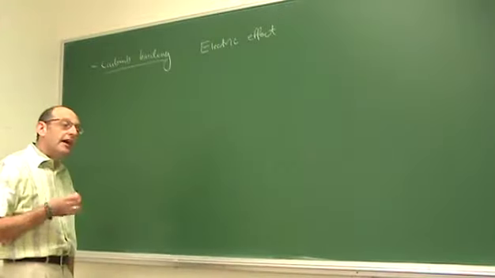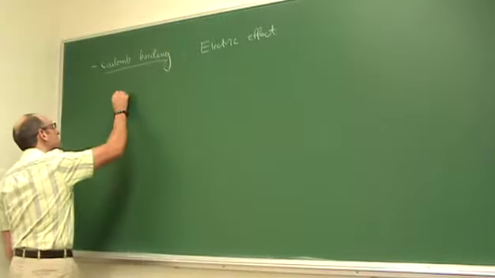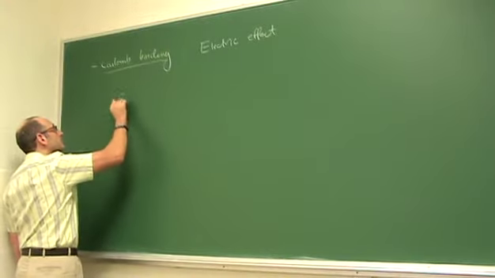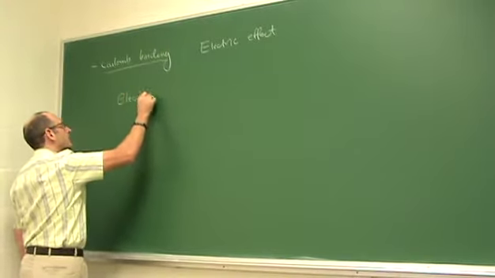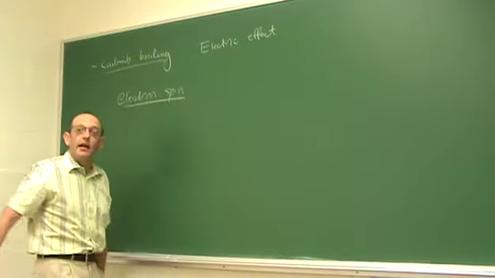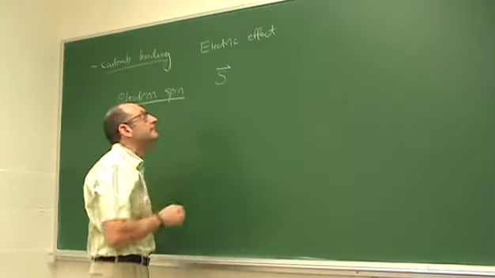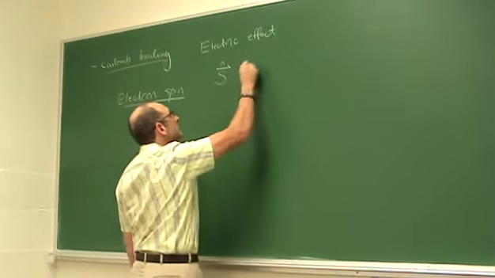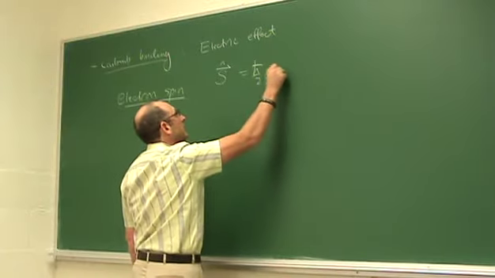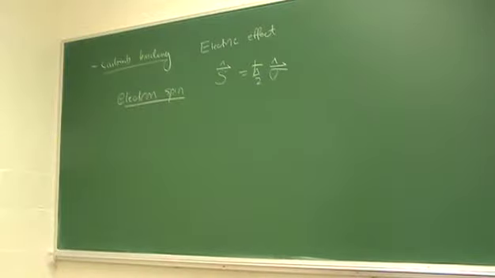One thing we haven't yet talked about, and we'll remind ourselves about, is the effects of spin. So of course the electron has spin, and you have spin angular momentum, which we often write in terms of Pauli matrices, Pauli operators.